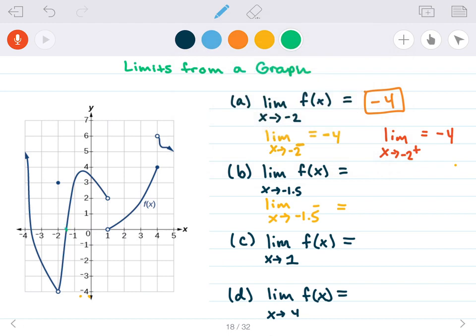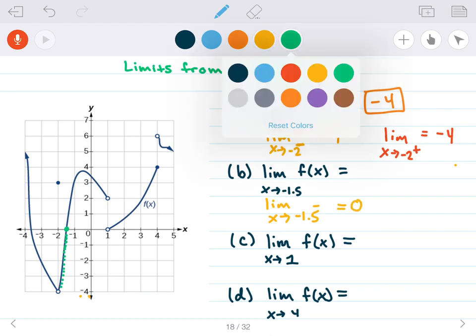It looks like it's about right here. So when we approach it from the left, closer and closer from the left side, we end up converging on y equals 0. Okay, so this is going to be 0.